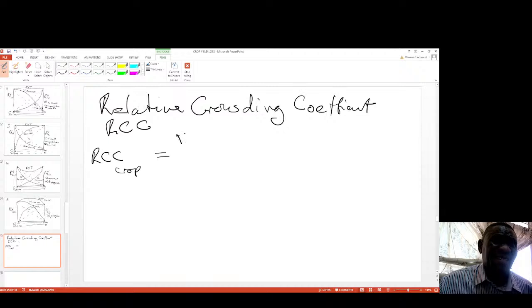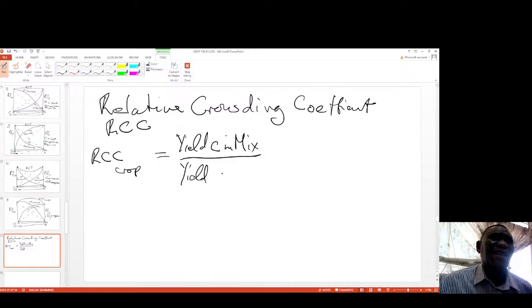We want the yield of crop, I'll just say C, in mixture over yield of wheat represented by W in mixture. We put this in brackets.